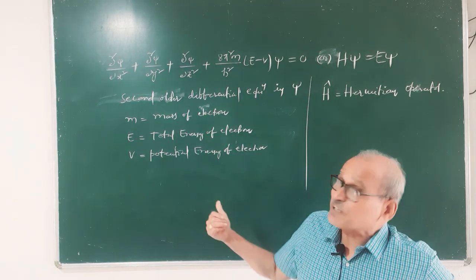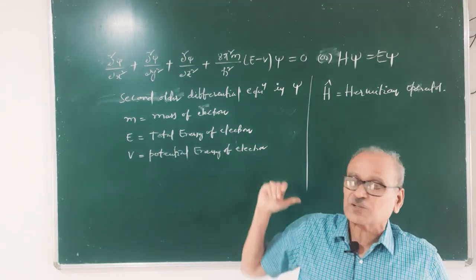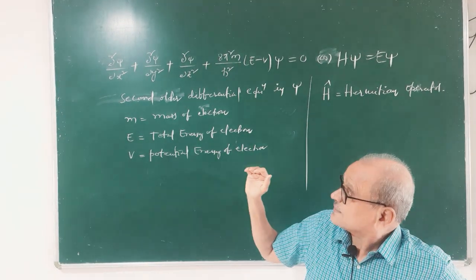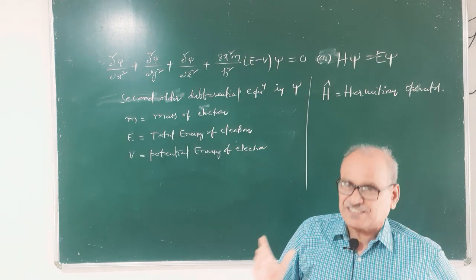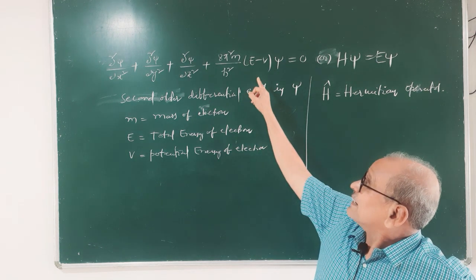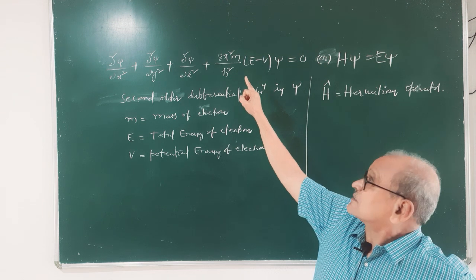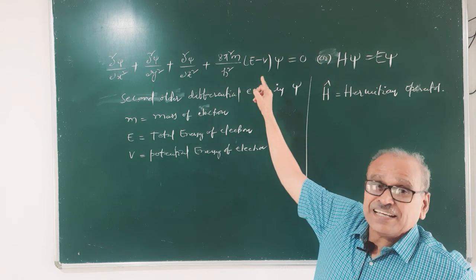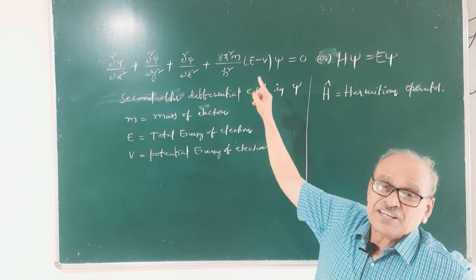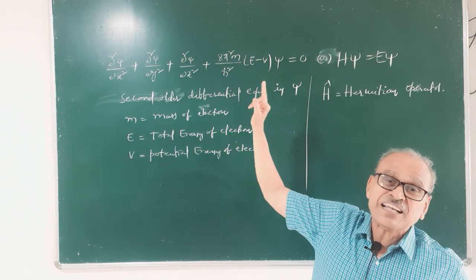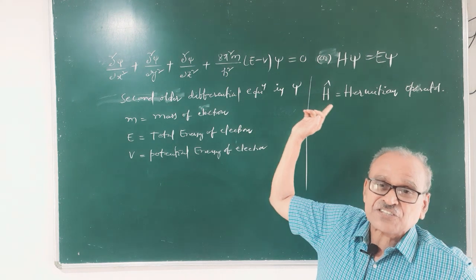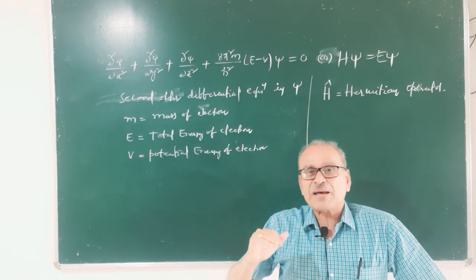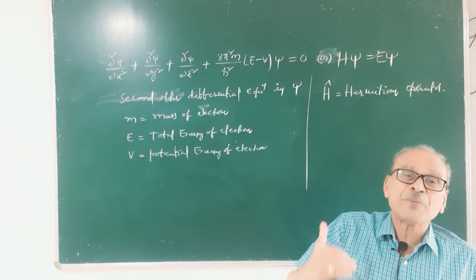The Schrodinger equation I have given on the board. In this equation, psi represents a wave function, m represents the mass of the electron, E represents total energy, and V represents potential energy. The other form of the equation, Hψ = Eψ, is mathematically called an operator formalism.